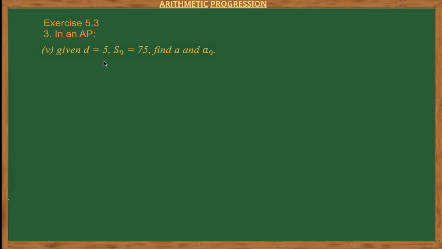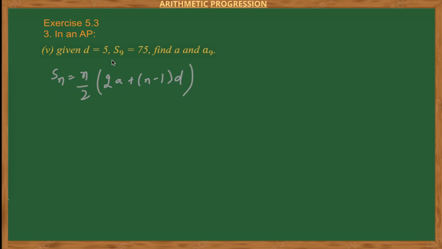So S9 is given, so we can use the formula. Okay, so let's use this formula: Sn is equal to n by 2 times 2a plus n minus 1 into D. Why are we using this formula?